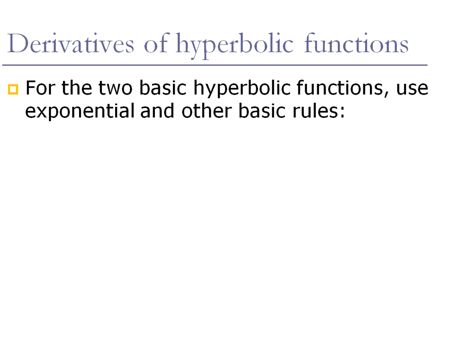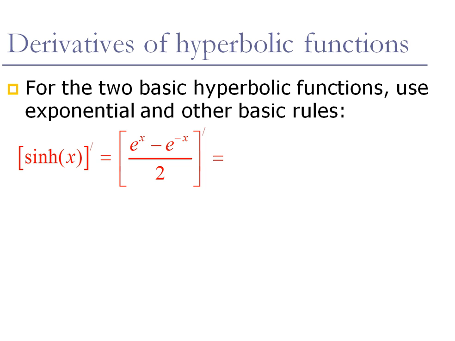So for instance, to get the derivatives of the two basic hyperbolic functions, all we need to do is use the exponential rule and some other basic rules. And we need to remember that, of course, hyperbolic functions are defined through formulae. So for instance, the hyperbolic sine is given by e to the x minus e to the minus x over 2.